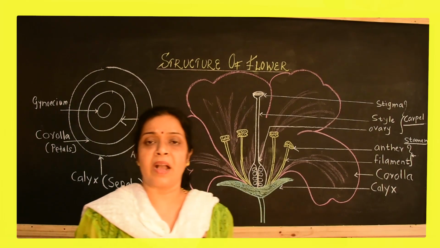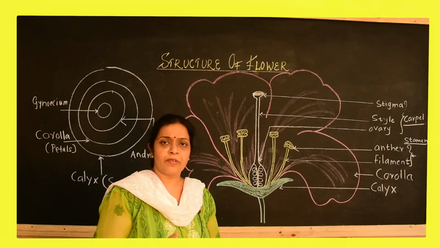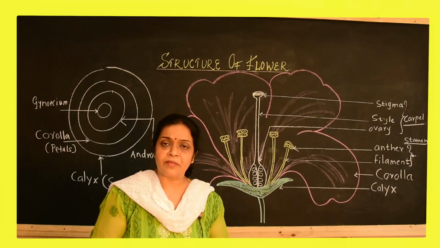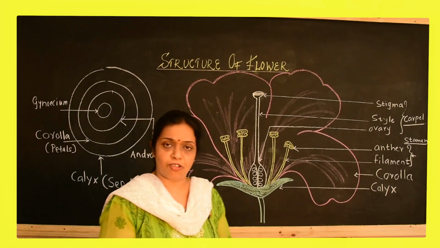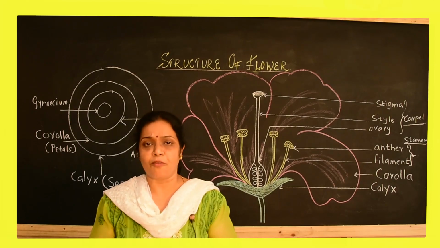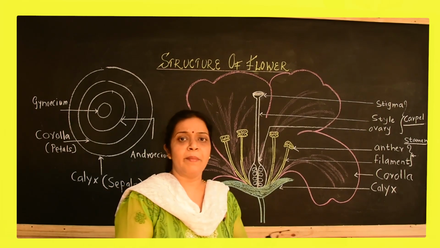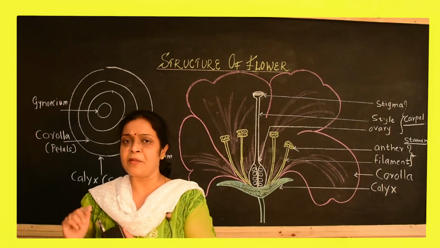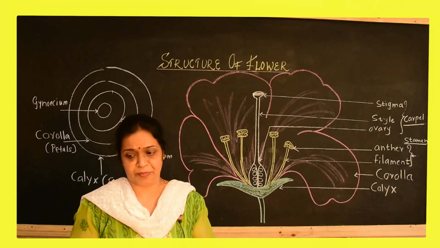But there are some plants which have flowers which will have either gynoecium or androecium present. Such flowers are called as unisexual flower. For example, in case of papaya or in case of watermelon, there are either male flowers present having the androecium or the female flower present having the gynoecium.